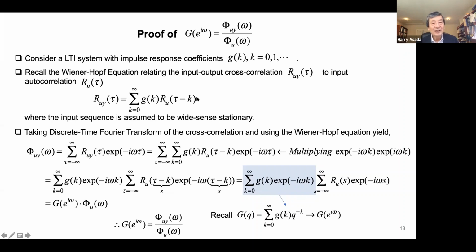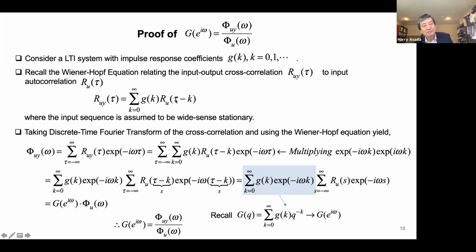Again, it is based on the Wiener-Hopf equation. You remember the Wiener-Hopf equations? It's basically a relationship between cross correlation and autocorrelation, right? And in between we have this g_k sitting, very similar to a convolution expression.